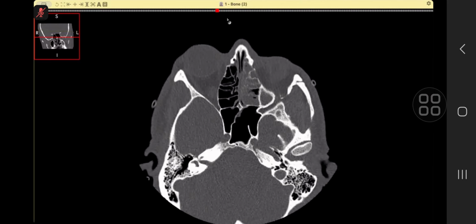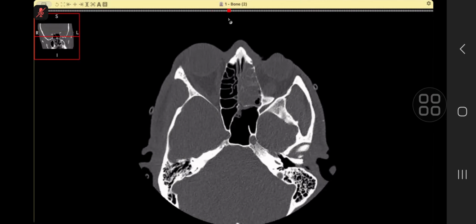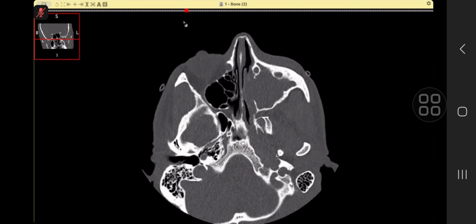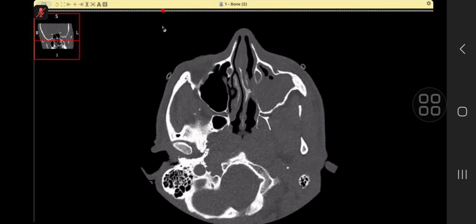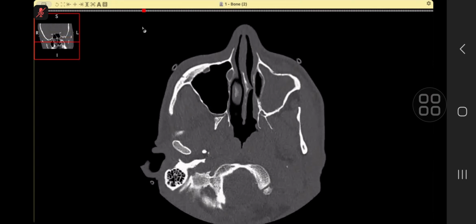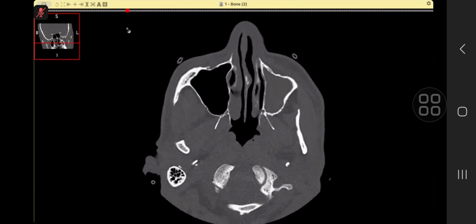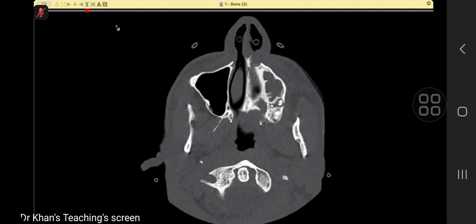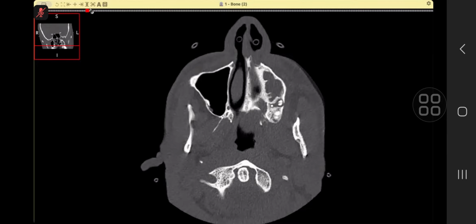I can't see any bone destruction. The lamina papyracea appears normal, and the walls of the maxillary sinuses appear normal.